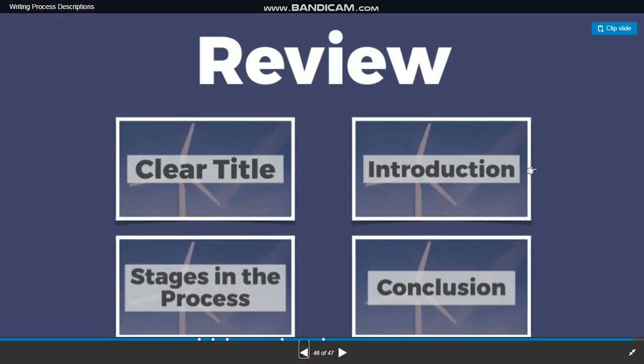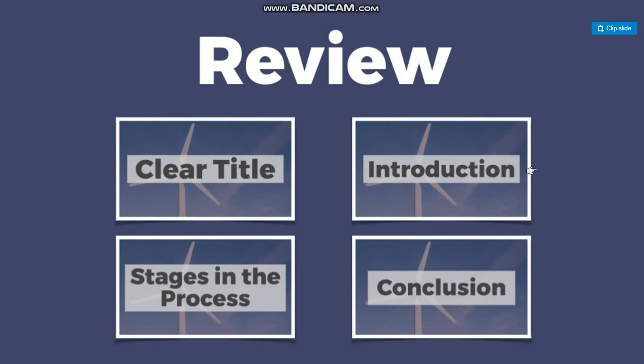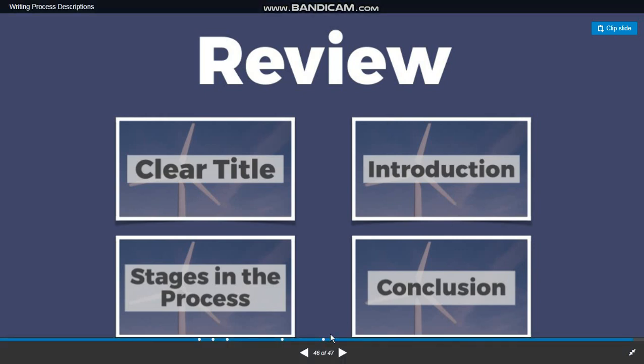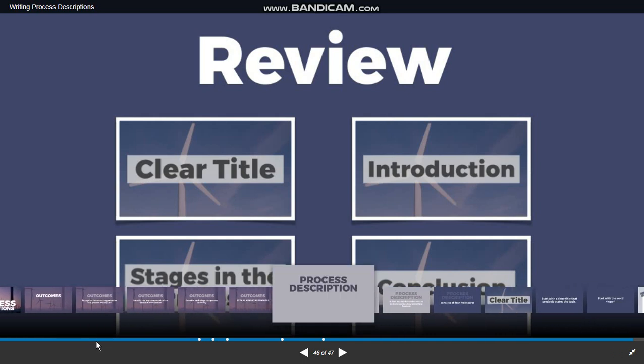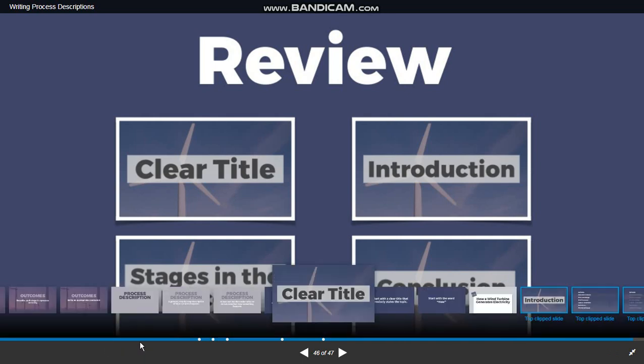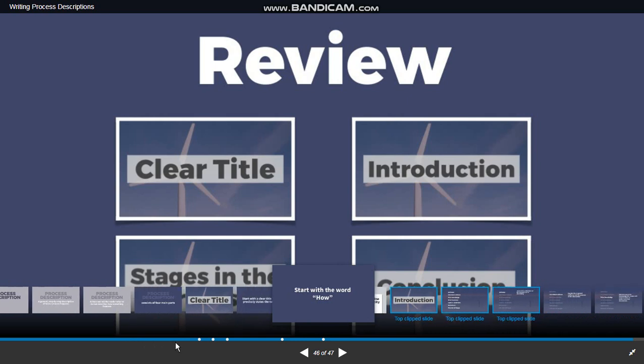Review. So, writing a description of a process consists of four main parts. The first one, you should choose a clear title, then introduction, and you should write about stages in the process, and at the end, conclusion. Let's revise some.